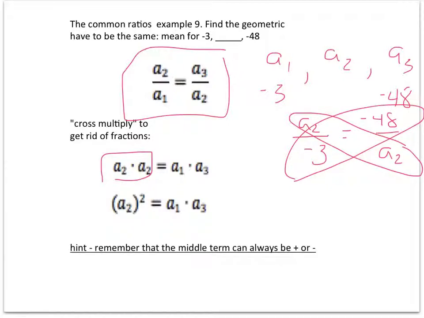So in this case, when we multiply 48 times 3, you're going to get 144. I like the answer of 144 because it's a perfect square. So in this case, our a sub 2 squared is going to equal 144.